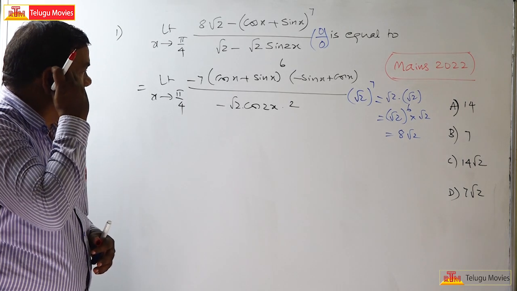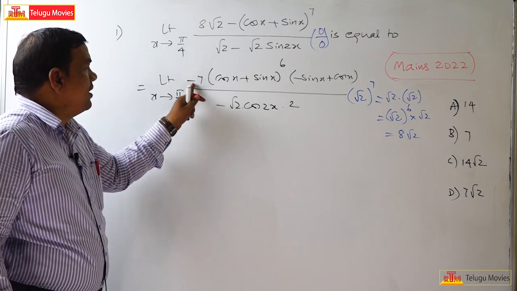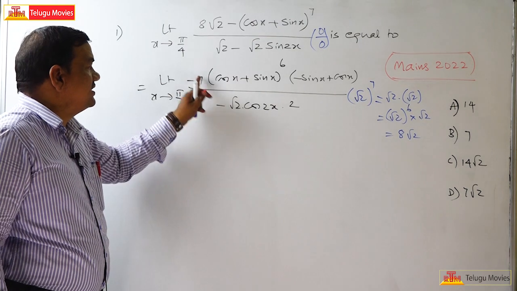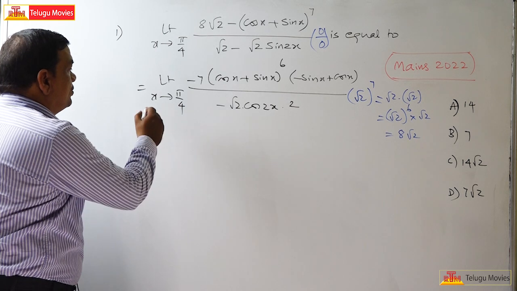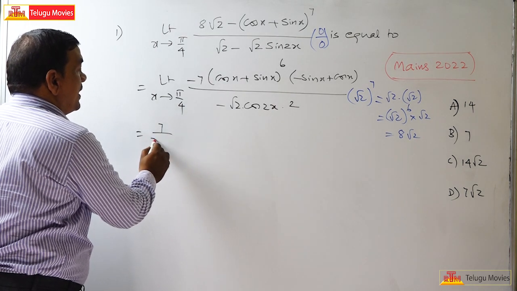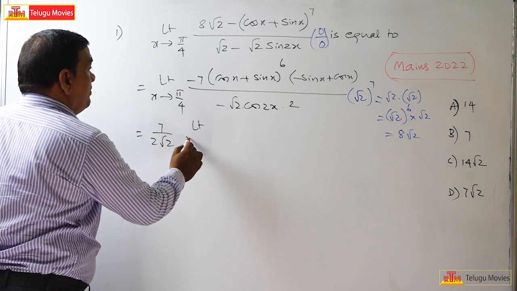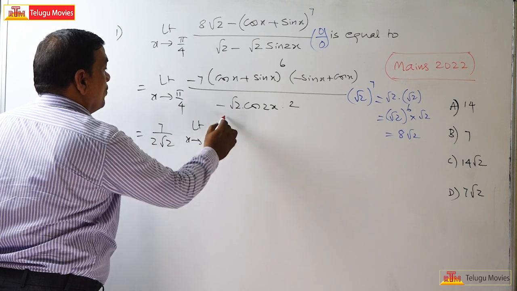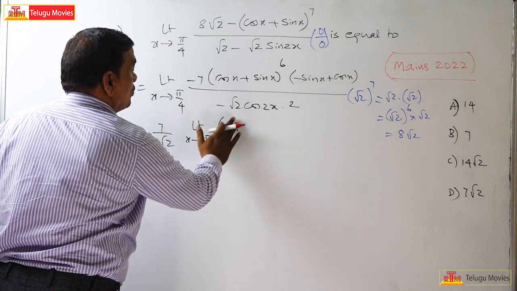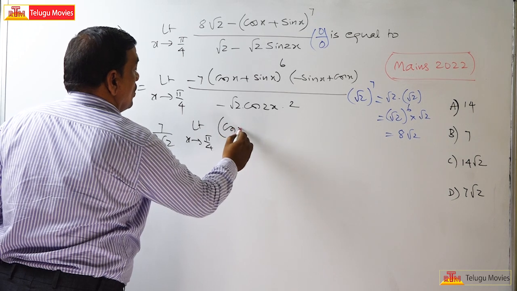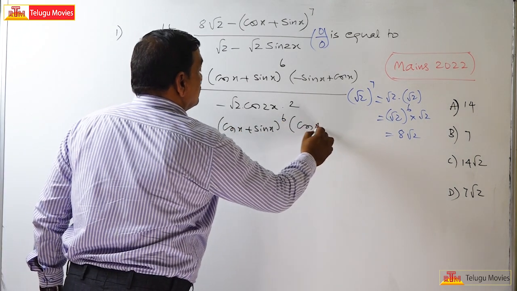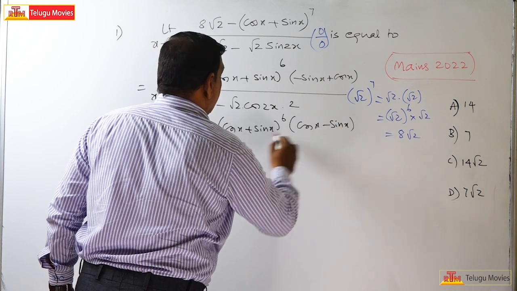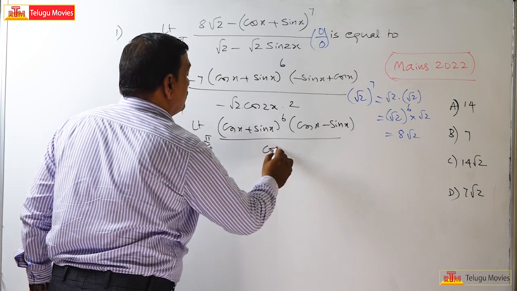So now what is the final answer? Here minus gets cancelled, 7 by root 2 into 2 root 2. First you bring the constant outside, 7 by 2 root 2, limit x tends to pi by 4 of (cos x plus sin x) whole to the power of 6 into (cos x minus sin x) by cos 2x.